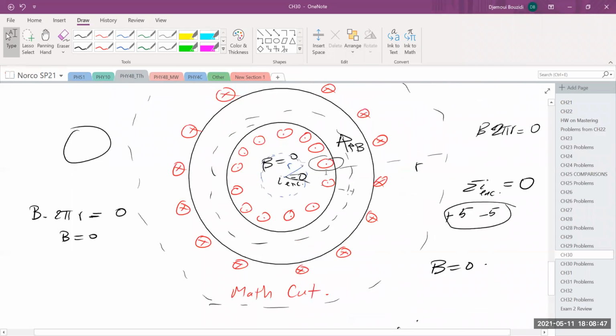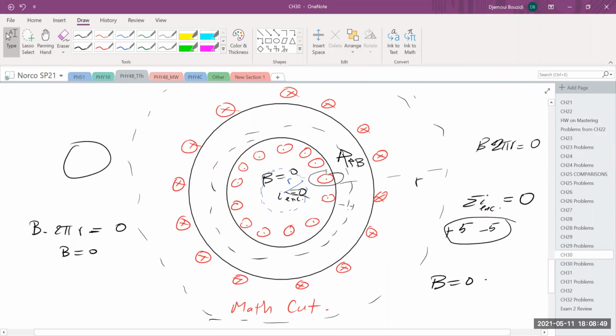You can just take the middle one as being the magnetic field inside this type of solenoid. This is heavily used in the industry. This type of solenoid is used a lot, okay? So in transformers, for example, they use that. So this is a transformer that uses that type of packing.